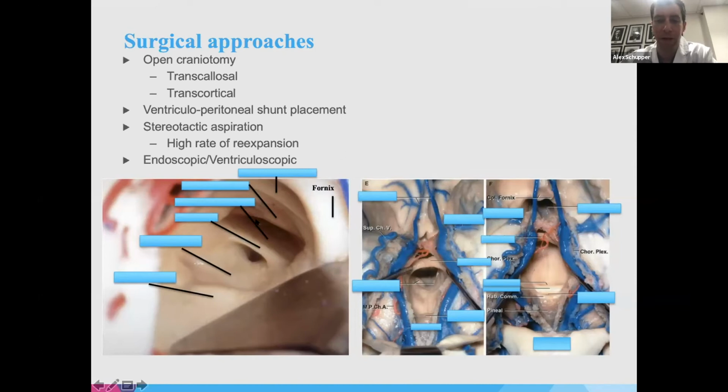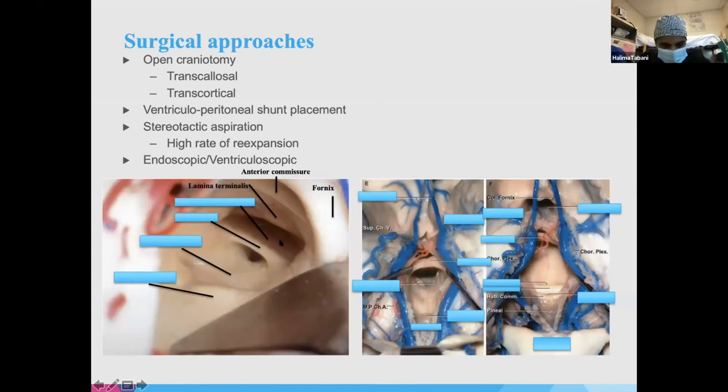It's the white matter tract anteriorly. All right, so it's the anterior commissure. And then how about here? Lamina terminalis. Perfect.